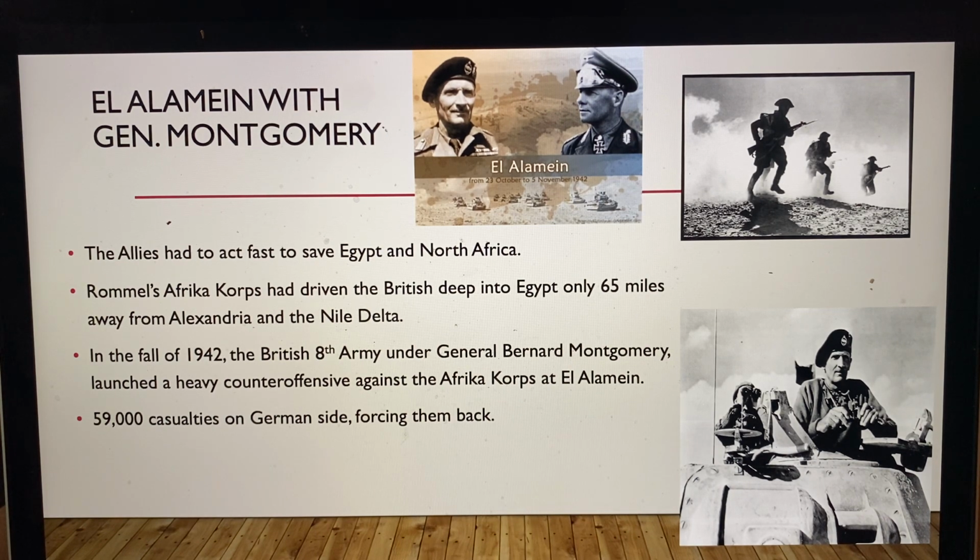There were 59,000 casualties on the German side. So this forced the Germans back, and they did not take Alexandria. So General Montgomery had great success at this point. You see him fighting in the desert. Can you imagine that?